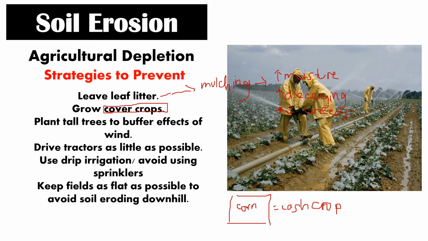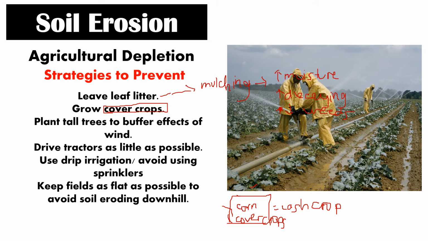That cash crop, your corn, will give you nice profit from your farming. Now, if it is not corn season, instead of leaving your soil or your field exposed to other elements, you plant a cover crop. A cover crop may be root crops or other crops aside from corn. This way, you do not leave your field exposed, so you lessen the soil erosion.